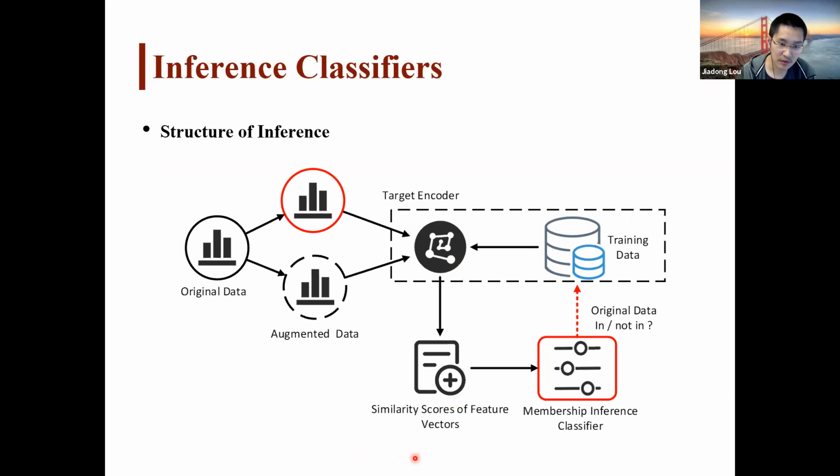They calculate the similarity scores of the feature vectors, and based on the different types of membership inference classifier they built, they manipulate these similarity scores in three different ways and input them to the classifier, and it returns whether this data is in the training dataset of the target encoder.